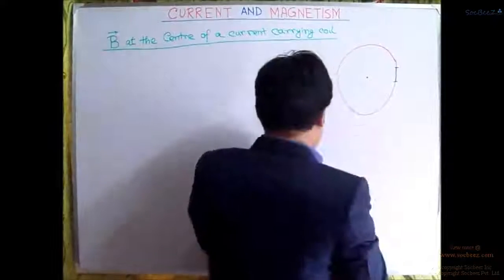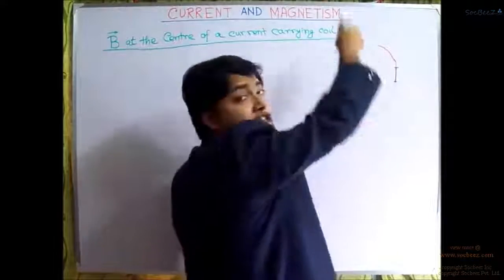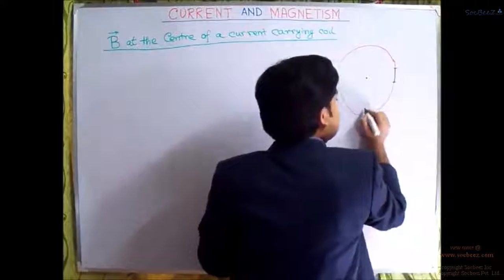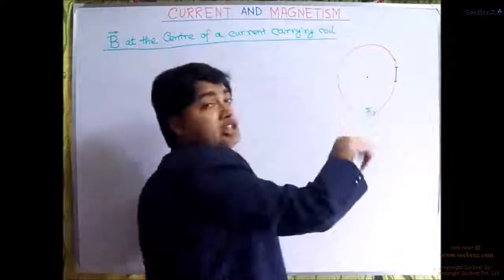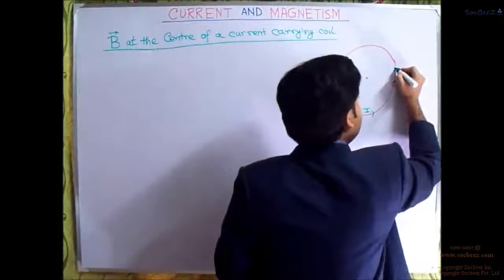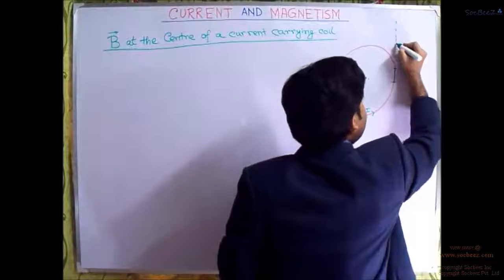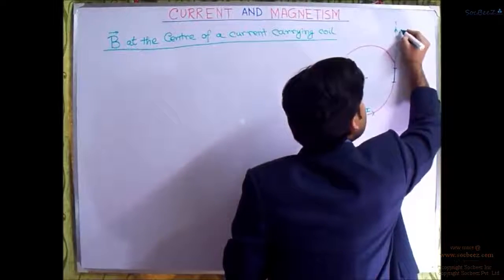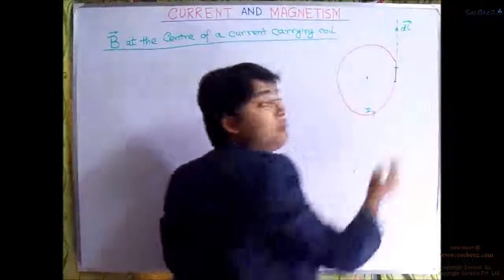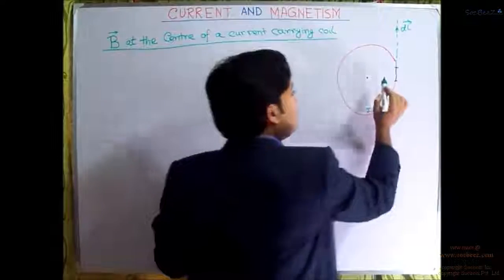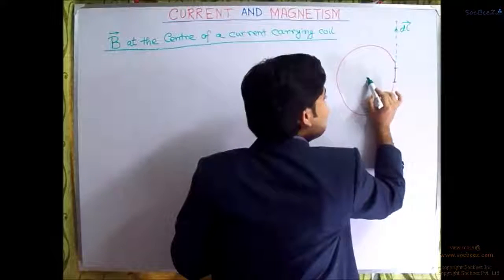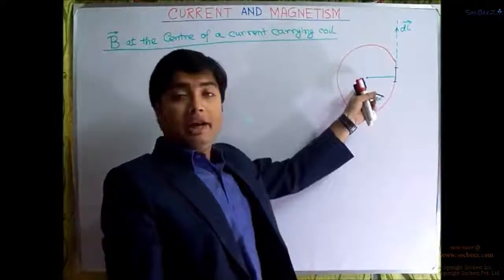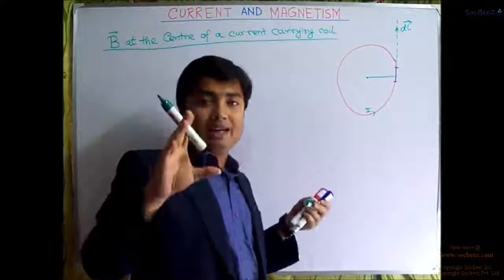Now over here, if we extend this dl, say for example the current is in this direction, so the dl direction would also be like this. This is the dl direction, right? And now this is the distance between this point and the point where we are to find the magnetic field.